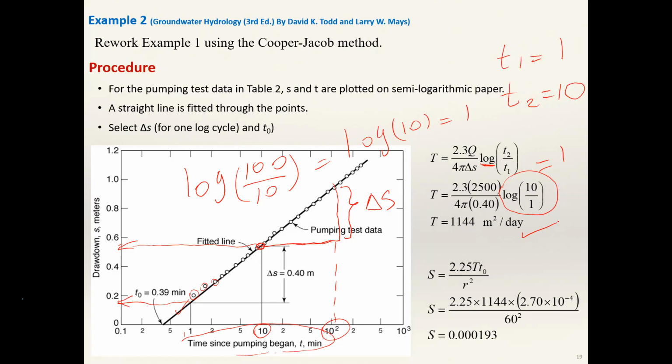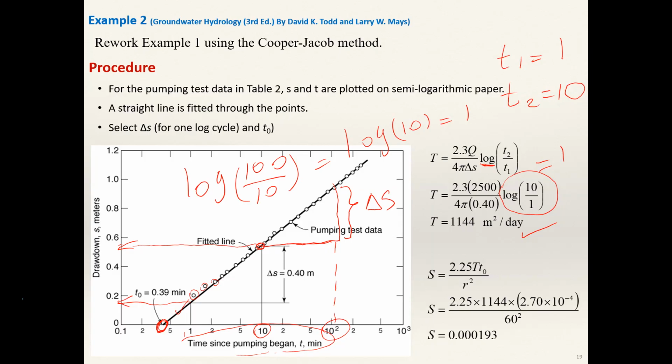Then, when you plot this equation, somewhere here it intersects with the x-axis. What does it mean? That is the time when the drawdown is 0.